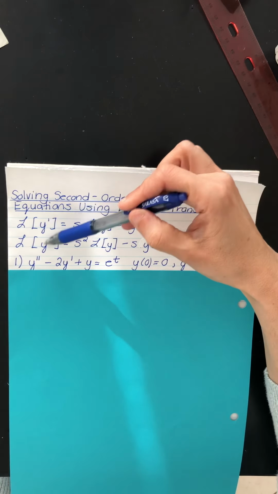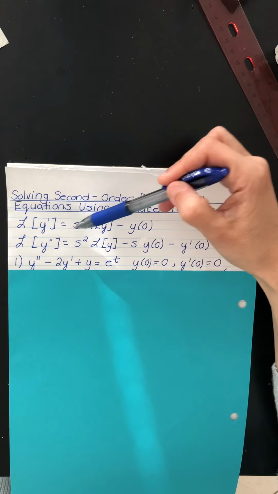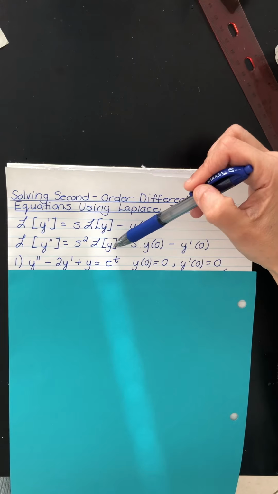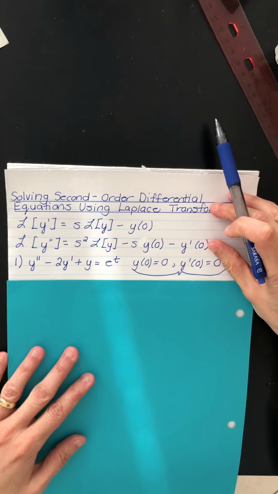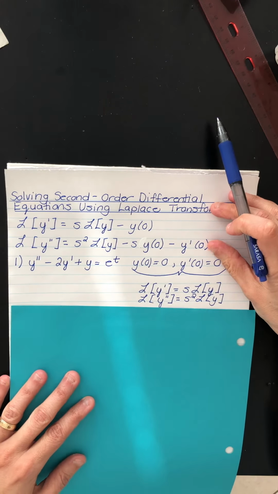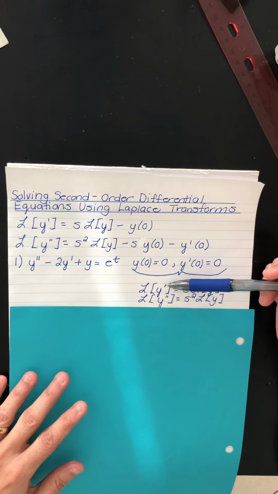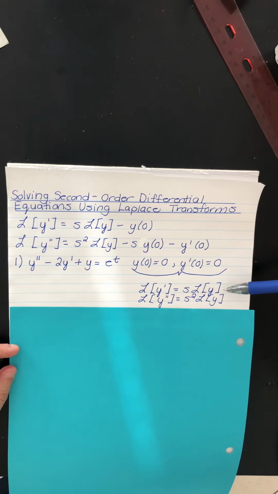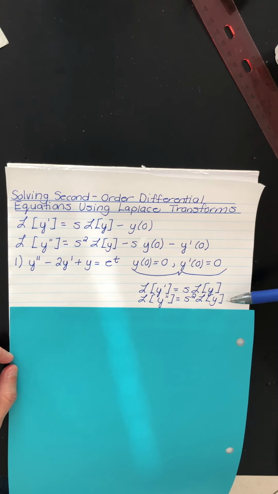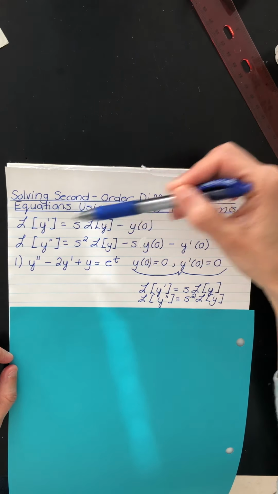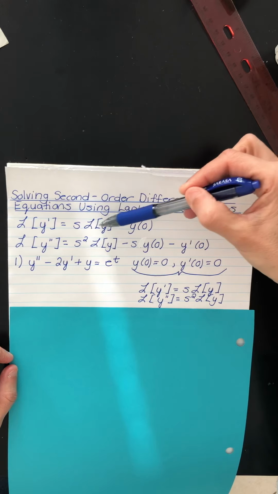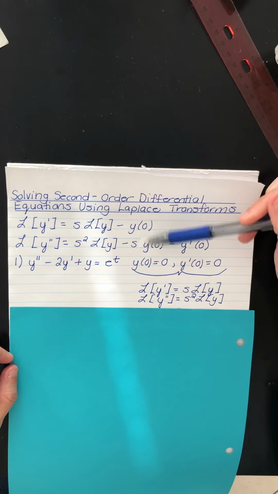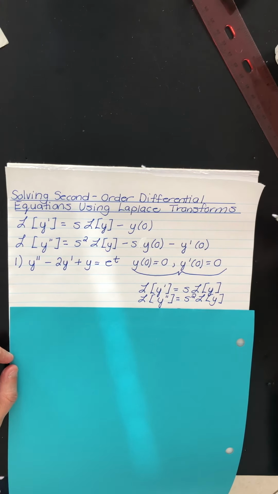And that will reduce these such that they only have the first term. Like this, the transform of y prime will now be s times the transform of y. The transform of y double prime, s squared times the Laplace transform of y. So each now only will have the first term, as these terms will all be 0.